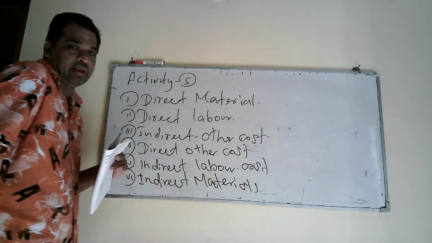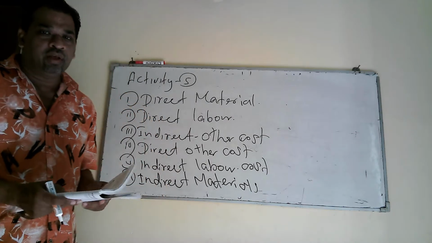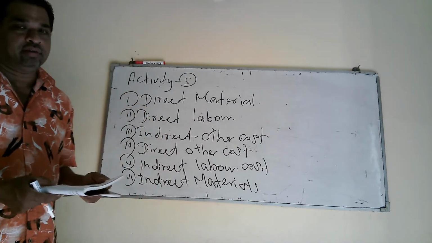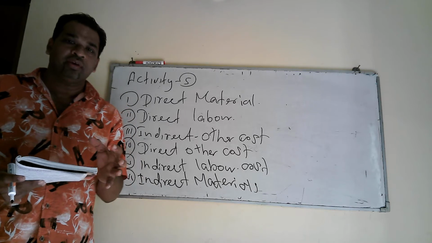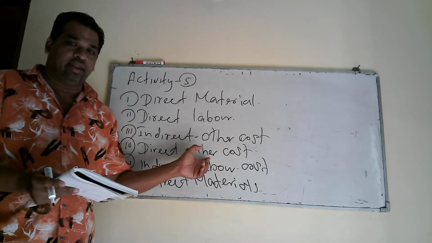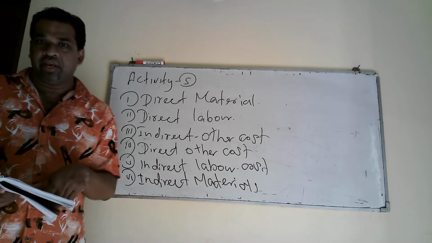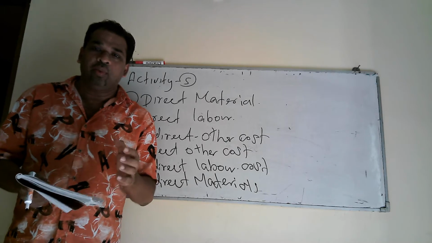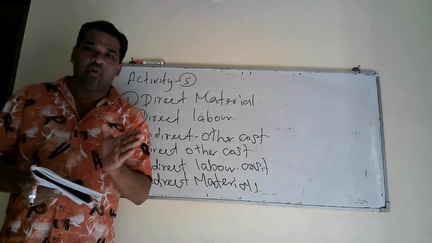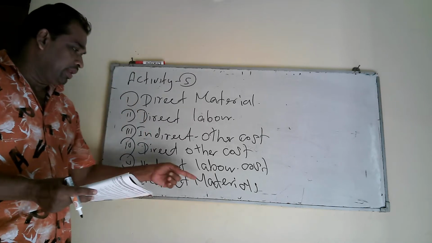We have used different glue and other things to make shoes. Therefore, we can't calculate how much we have to bear per pair of shoes. Therefore, we put it under indirect material.